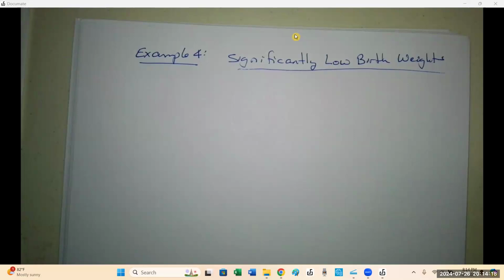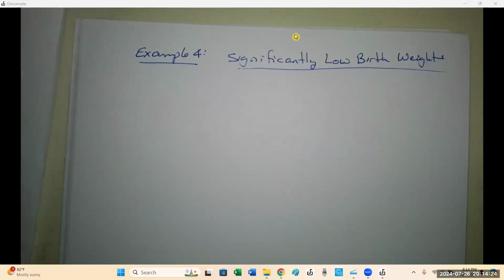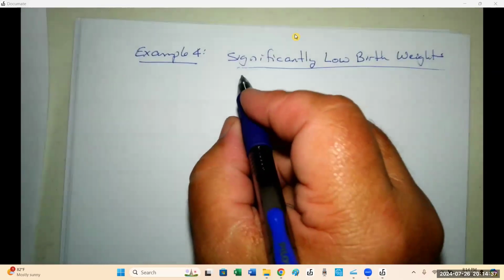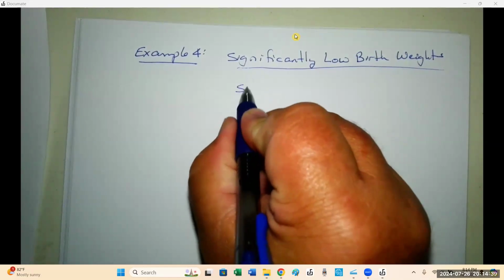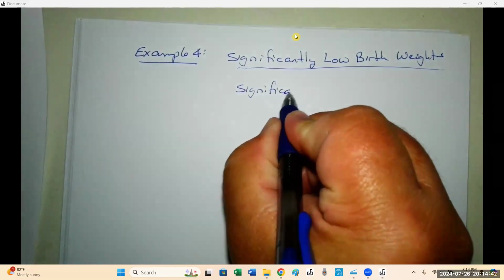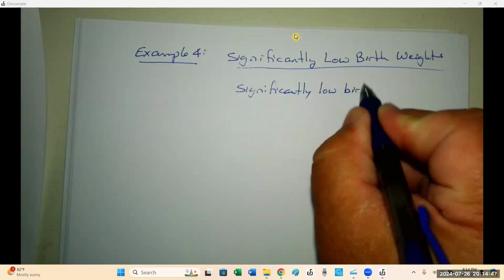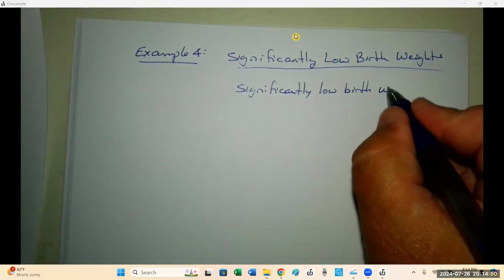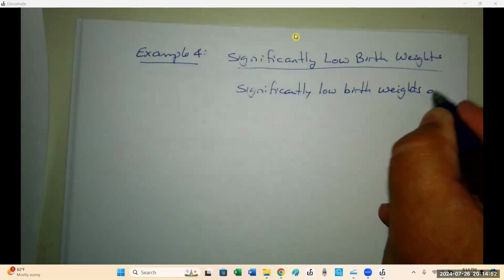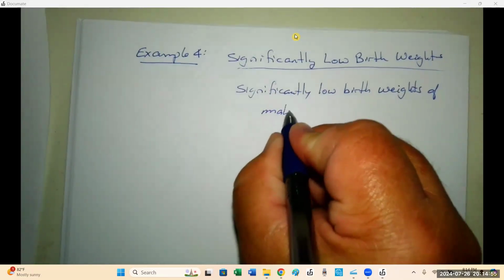Okay, what this is asking us is this. Use the preceding criteria to identify significantly low birth weights in grams of males based on our data. What we're looking for is significantly low birth weights of male babies.